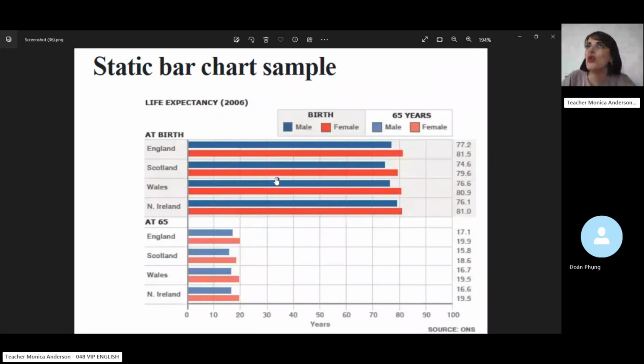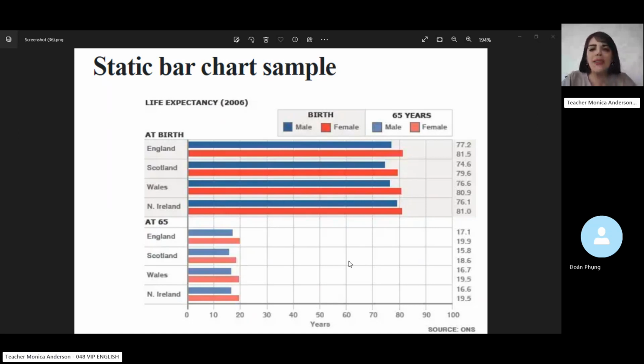But as I told you, the language is different, so we need to make comparisons. We have male and female, and at birth and at age 65, in years. Again, we have red and blue bars and different countries. Let's talk about this one.